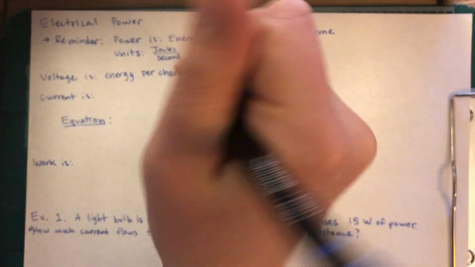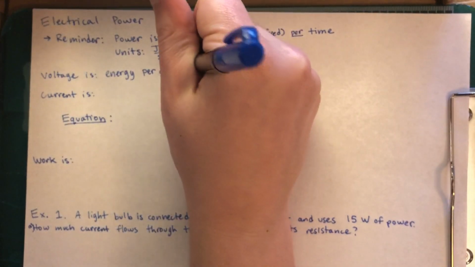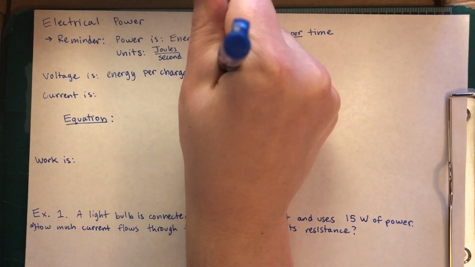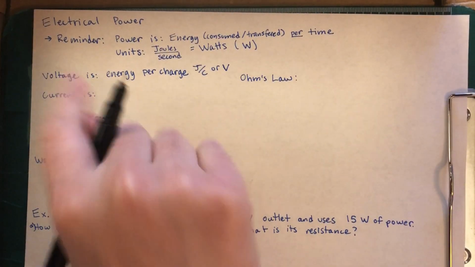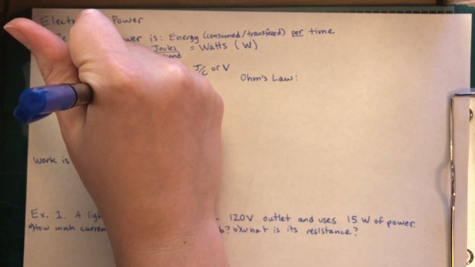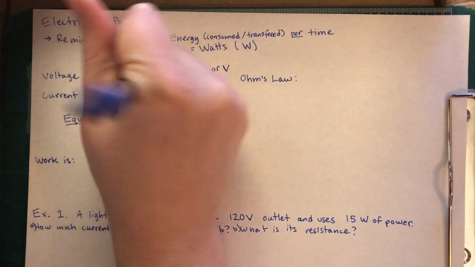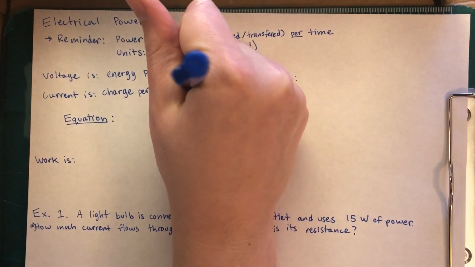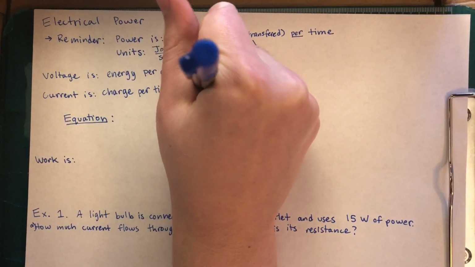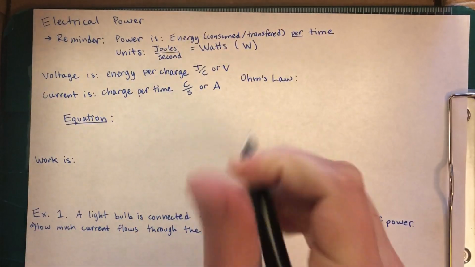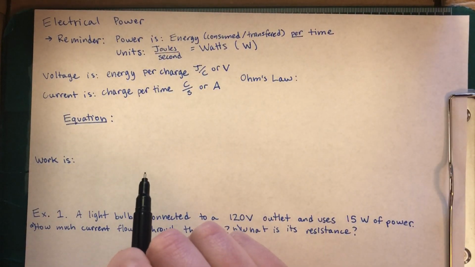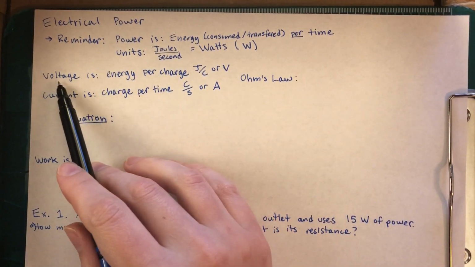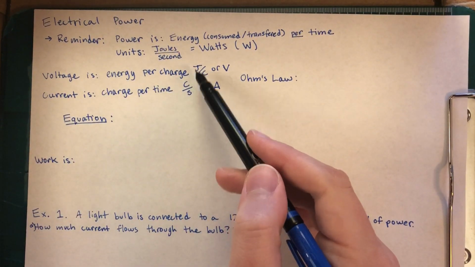And current, so this is joules per coulomb or volts. Current is charge per time, coulombs per second, or amperes. So, voltage is energy per charge, joules per coulomb.